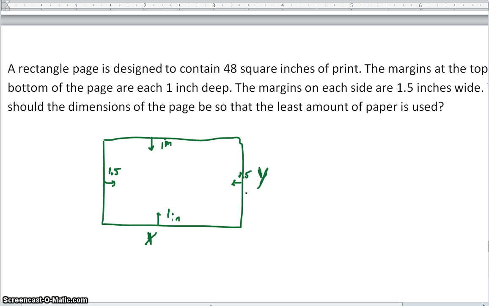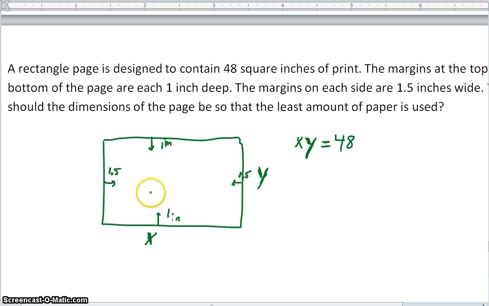Now, in terms of the area, we know that the area is going to be a value of print. So if we take x times y, we're going to get 48. But now we're changing the result of this. Okay?